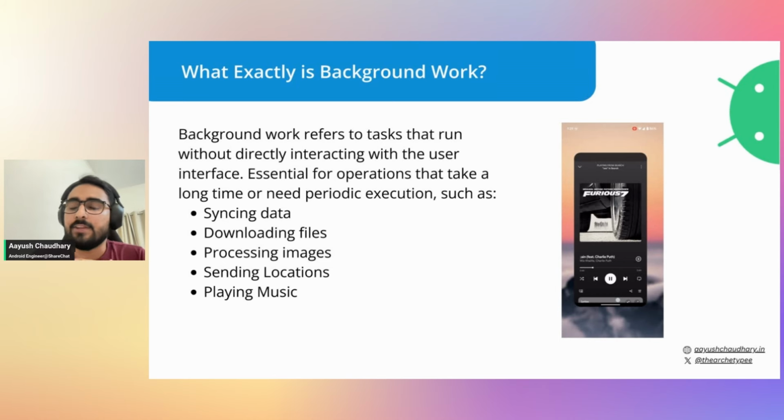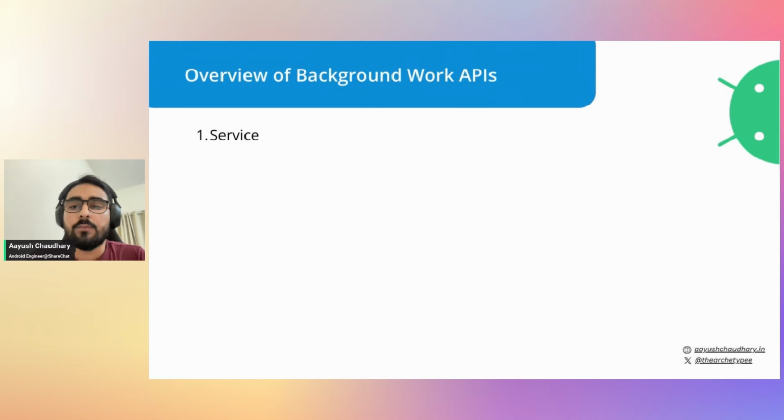We have several APIs to do background work. First, we have service, which is an Android component that can perform long running operations in the background without providing a user interface. Then we have bound service, which is an extension of service itself, which allows components to bind to any kind of component so that they can interact with the service.